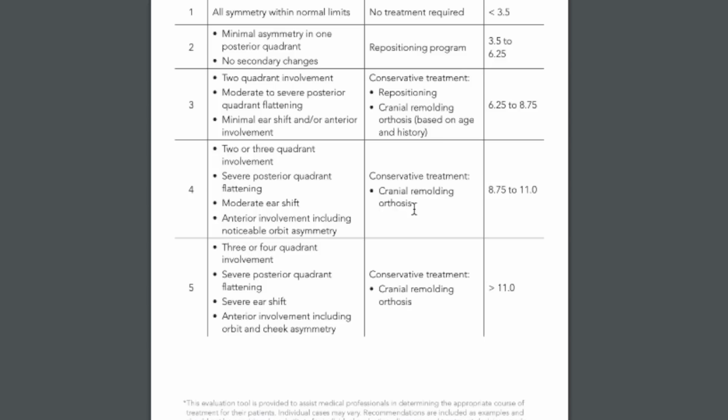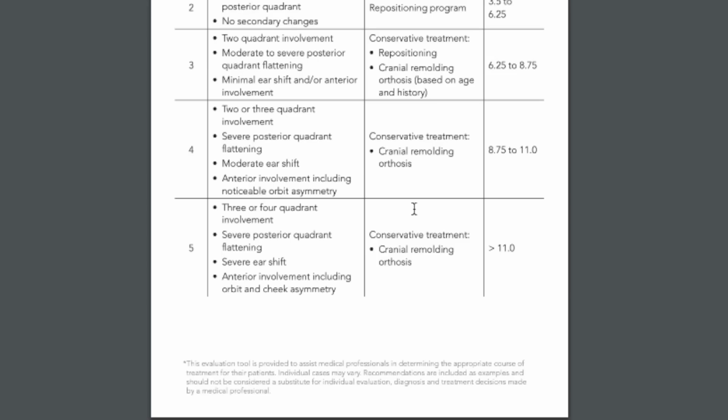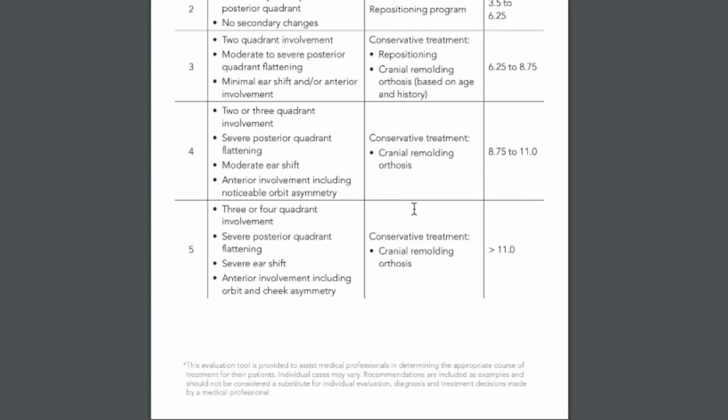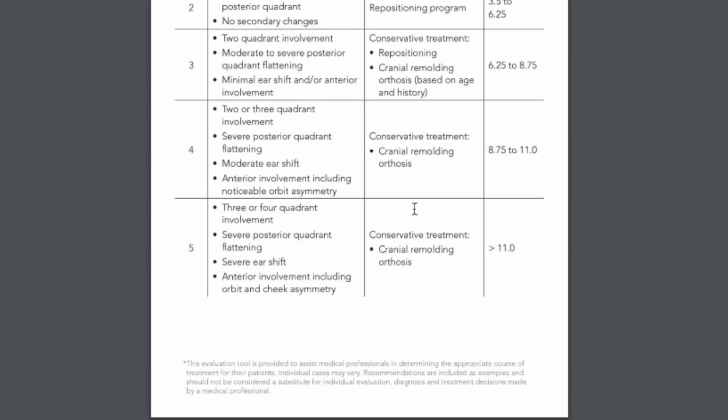I have had kids go from like a 13.5 down to a 5, and even sneaking closer to the 4s, and families notice, okay, there's no ear shift, we don't have any facial changes, I'm okay with this, we're just borderline between mild and normal, I'm okay with how this head shape is, and choose not to get a helmet at that point. Heads are going to continue to change and grow as the baby gets older.